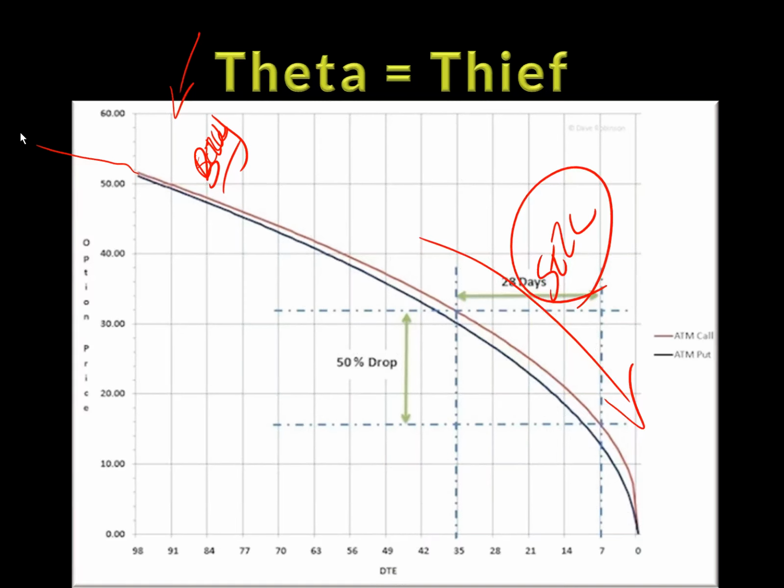Now, what happens if I want to get out in time, but maybe I want to eliminate theta? Is there a way to eliminate theta? Is there a way to eliminate volatility in this option contract or in this option strategy or any option strategy? That would be the question.